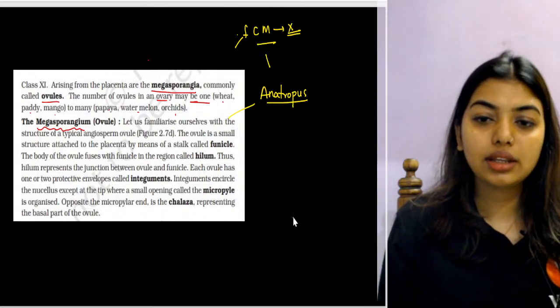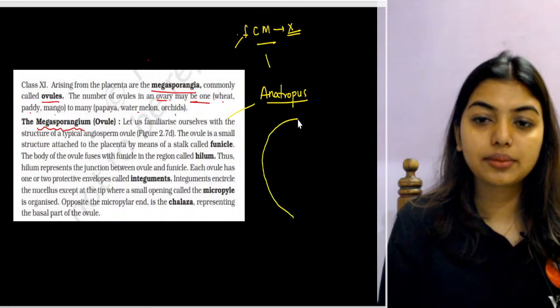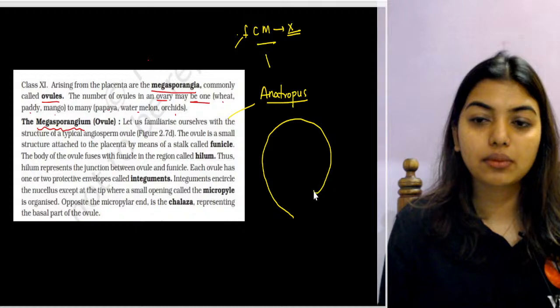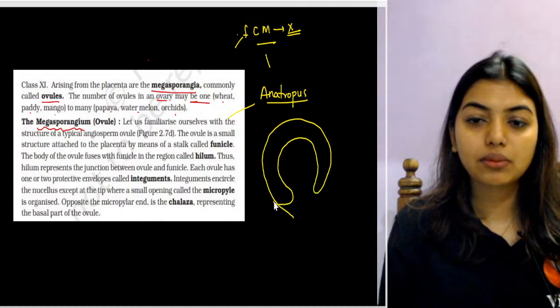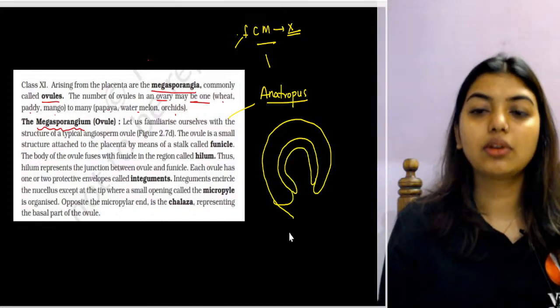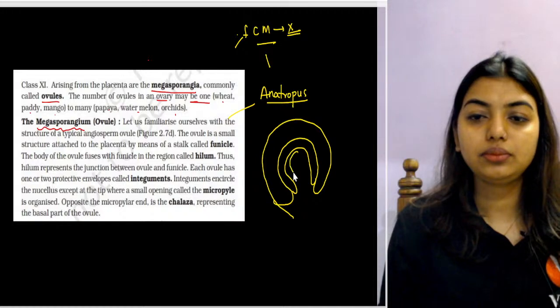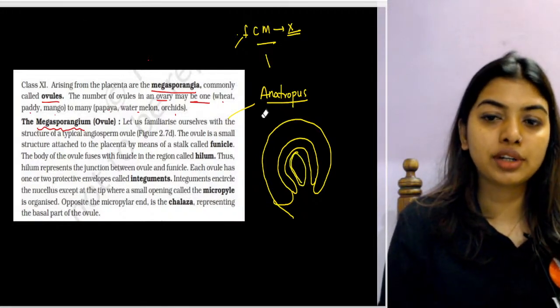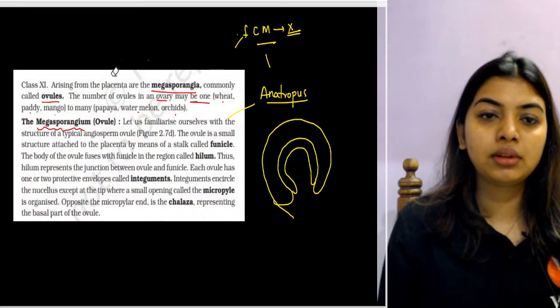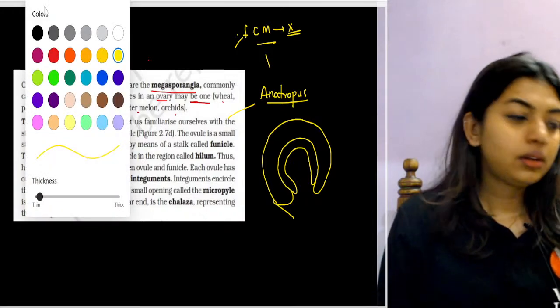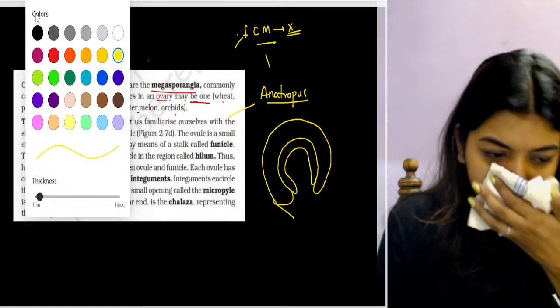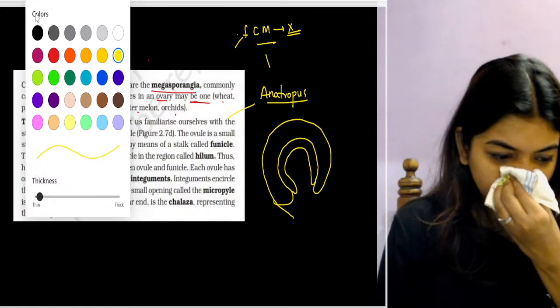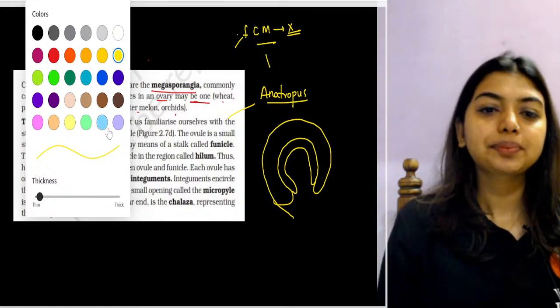Now, if I have to draw this, okay, this is an ovule. In between we have the embryo sac, which I'll draw in a different color.